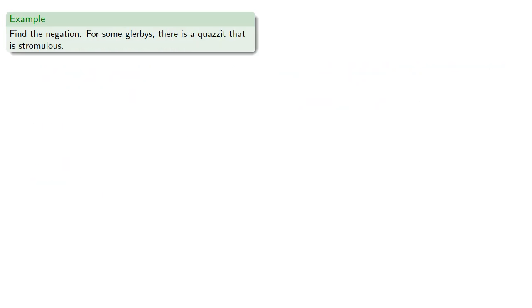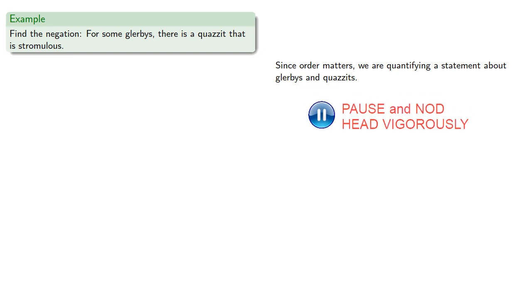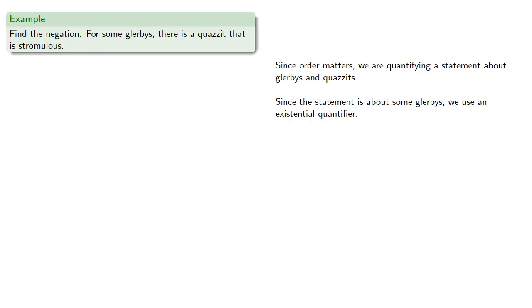Or let's consider another negation. For some glurbies, there is a quasit that is stromulus. Now, since order matters, we are quantifying a statement about glurbies and quasits. Since the statement is about some glurbies, we'll start with an existential quantifier.